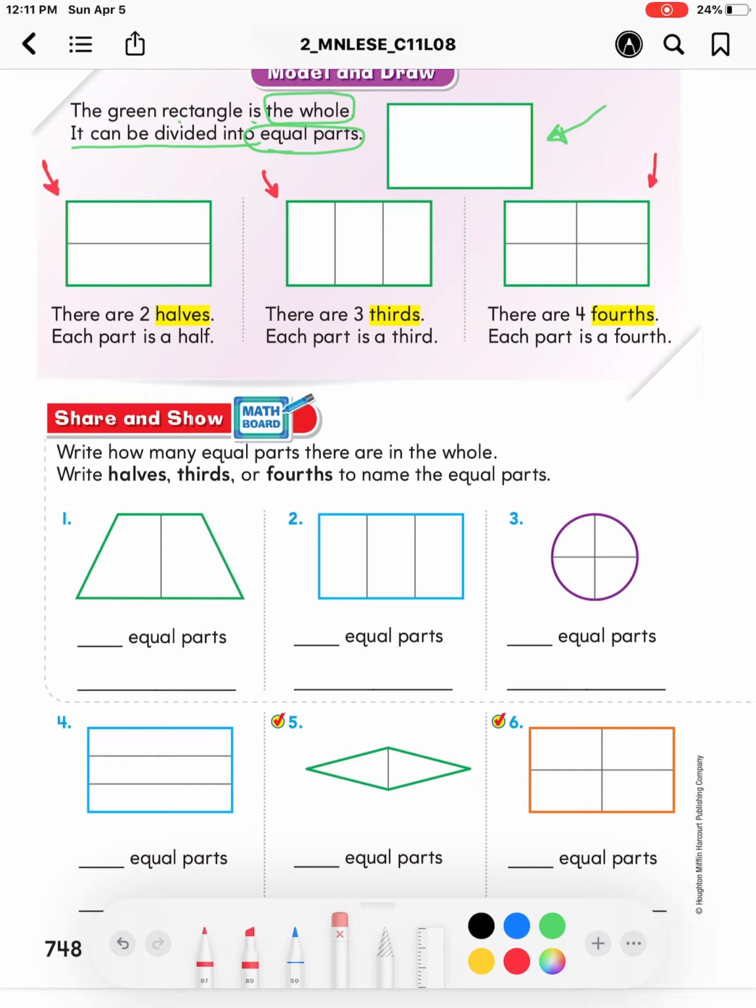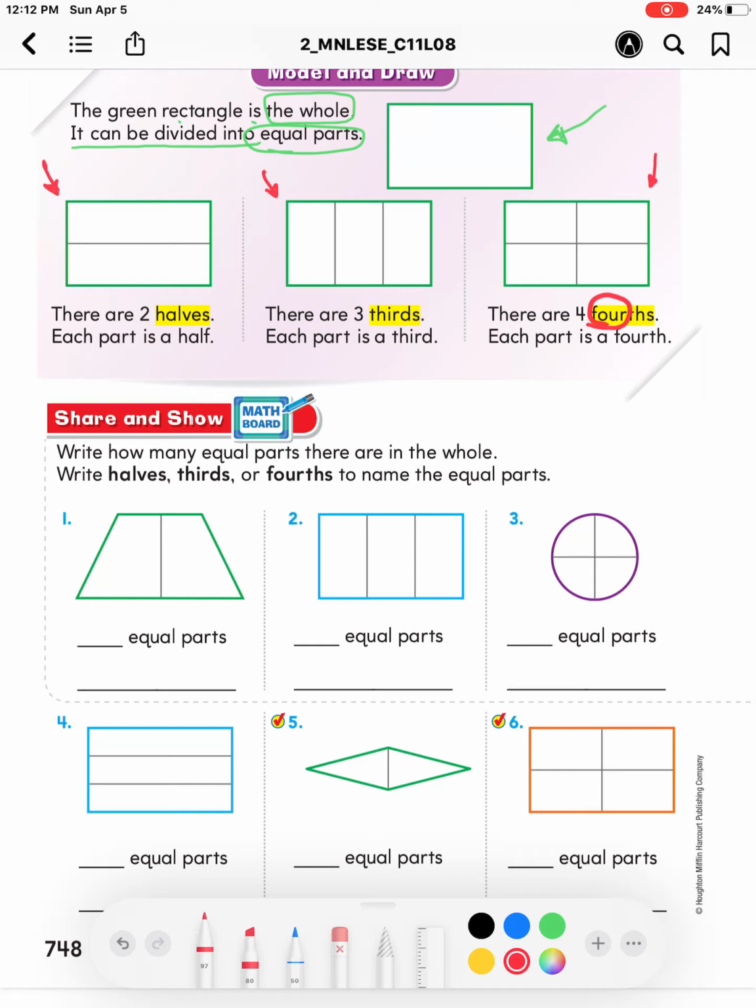Now I need to ask you another question. How does the word fourths tell you about the number of equal parts in the whole? The word fourth. Great, good job. This word actually has the word 4 in it. So we have here fourth, and we have the word 4 in it, which indicates how many equal parts? 4 equal parts. Good job, boys and girls.